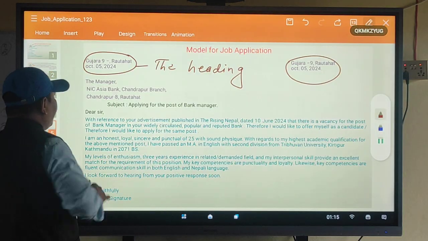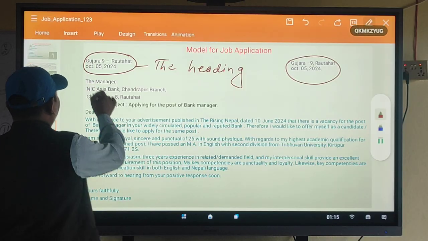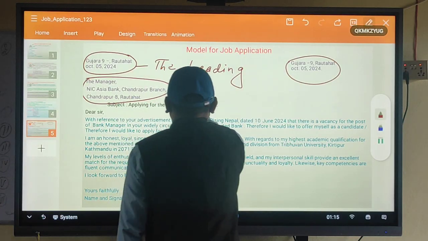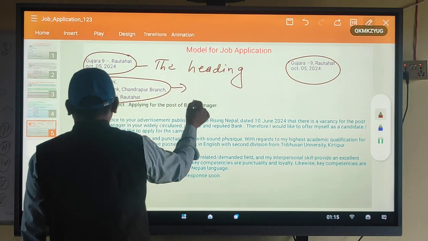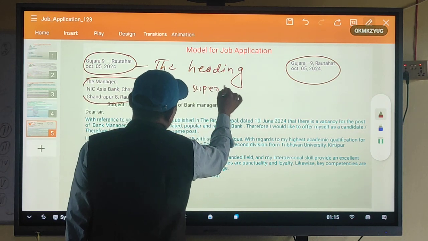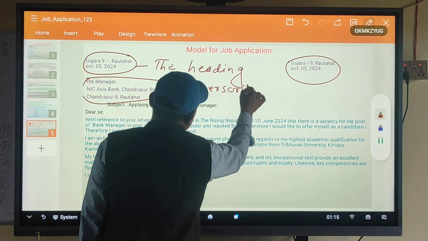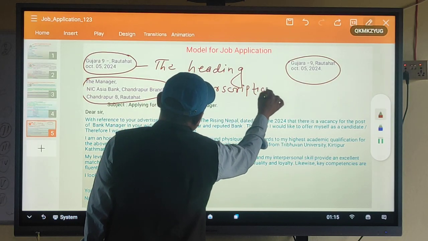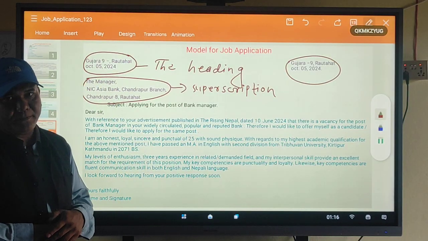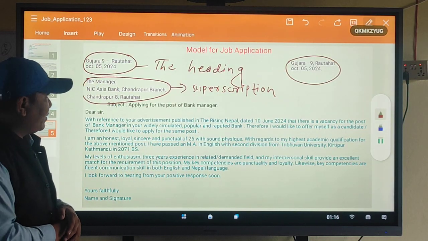I have shown here in the example, this one. This one is the superscription part. Okay?